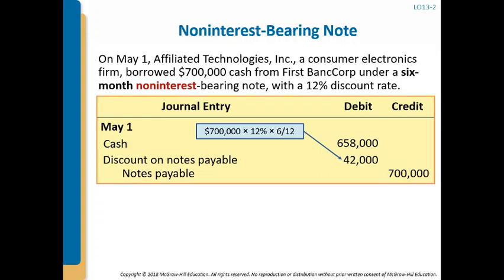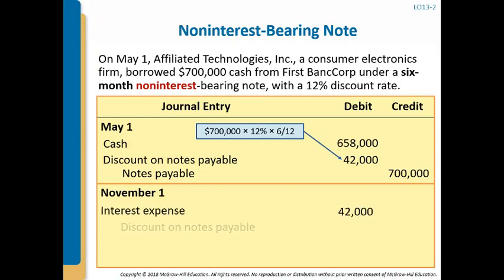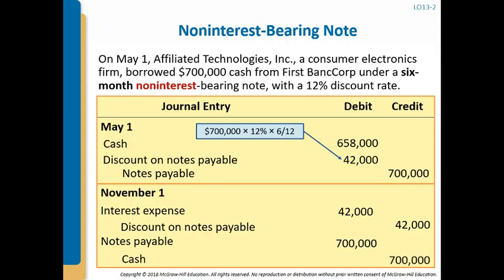And then when you pay this, well, first of all, you're going to record interest expense of $42,000 and back out the discount on notes payable. And then you're going to back out the payable, and you're going to pay $700,000.